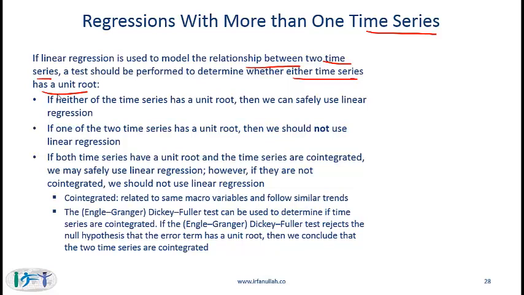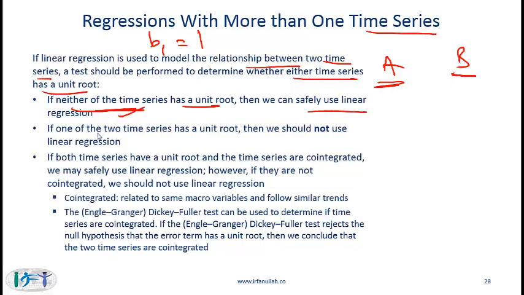Okay, so is unit root a problem? So far we've said that it is. If we have a unit root, which is where B1 is equal to 1, then the mean reverting level is undefined. So keep this in mind. If you have time series A and B, and neither has a unit root, so there is no unit root problem here, no unit root problem here, then we can use linear regression.